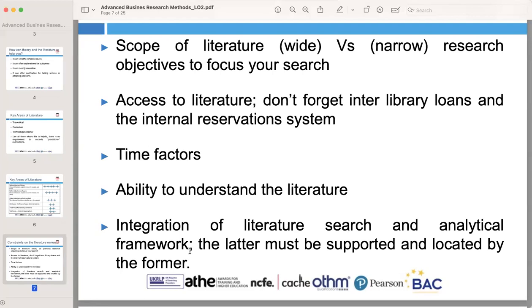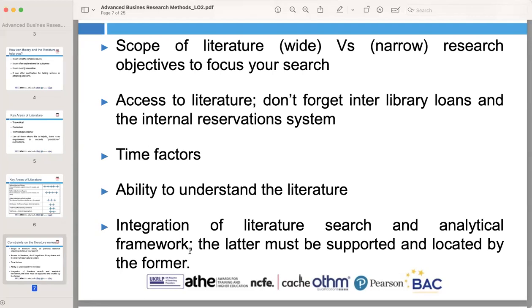Access to literature. Access to relevant literature can be constrained. But it is important to remember that there are various avenues to obtain articles and books.